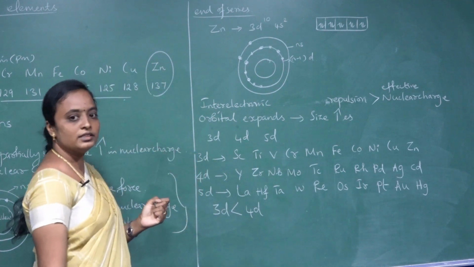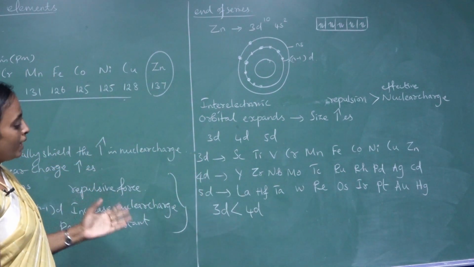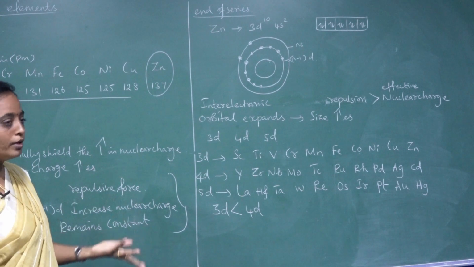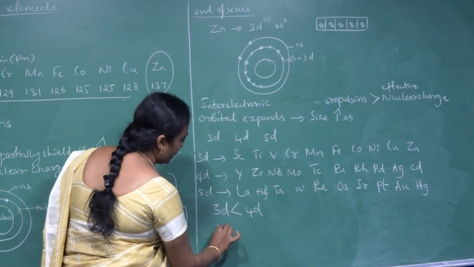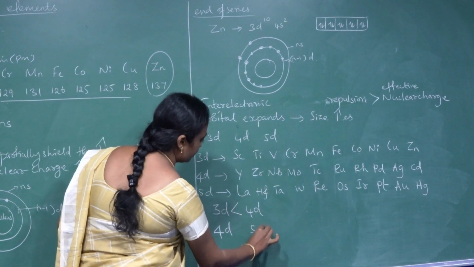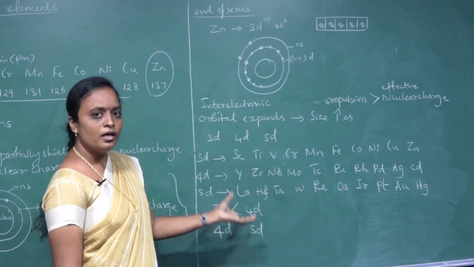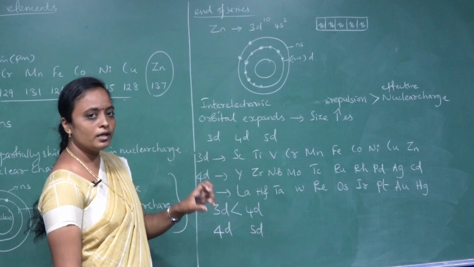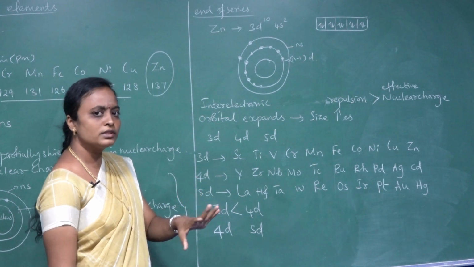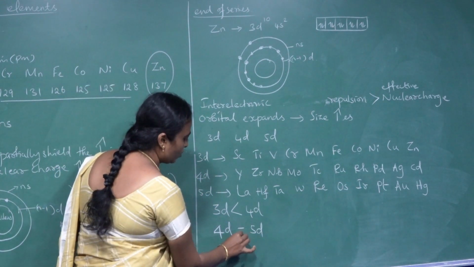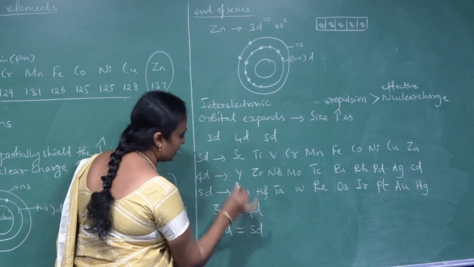This is the general trend. But going from 4d to 5d transition elements, the atomic radii are almost the same, similar atomic radii.